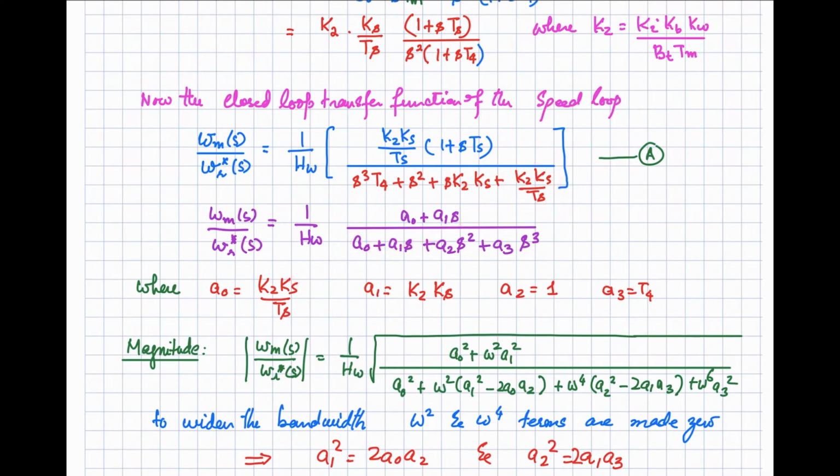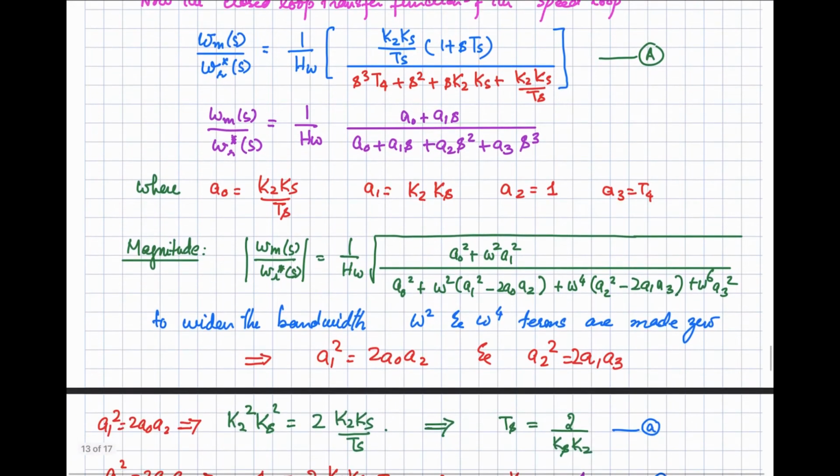And the same parameters are over here, K2 into Ks by Ts, that was over here, so this is also represented as a0, and K2 Ks by Ts, and Ts will be cancelled out when multiplied with this one. So K2 into Ks is this one. So we are going to represent this coefficient a1, right? So same coefficient as over here, same coefficients are there in the numerator.